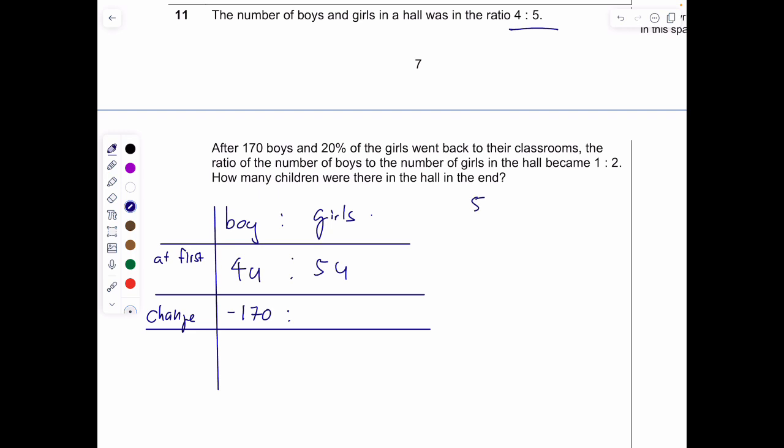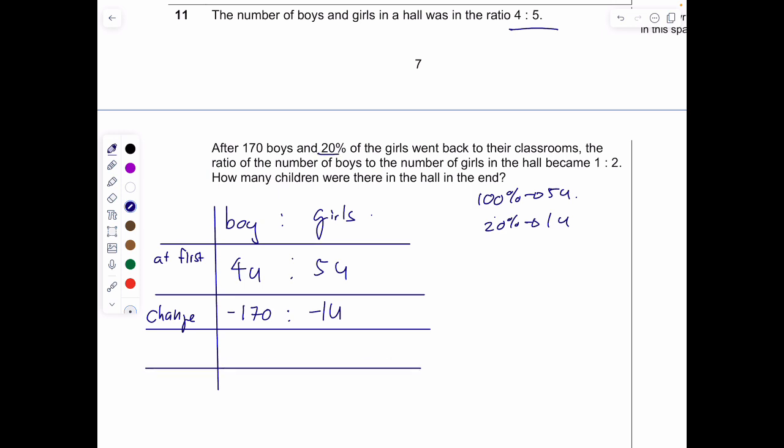I'm just going to do a rough working for you to see. 100% is 5u. So that means what is 20%? 20% would be 1u, isn't it? So we then subtract away 1u because 20% went back. Okay?